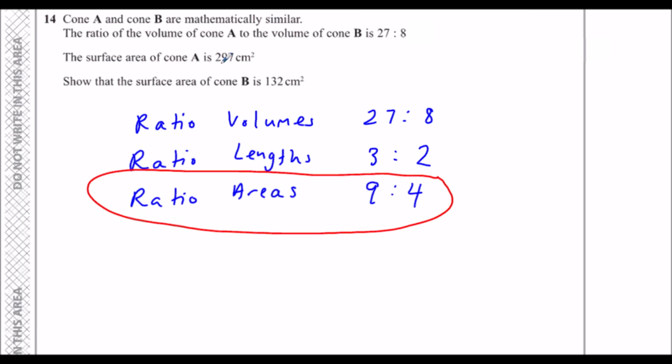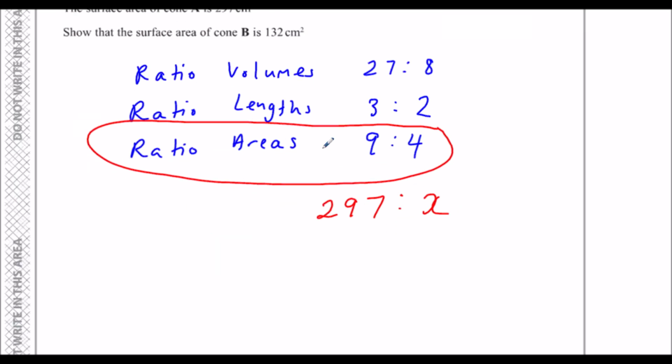So the surface area of cone A is 297, and we want to know the surface area of cone B. So what do you times 9 by to get to 297? So let's do 297 over 9, and that's 33.